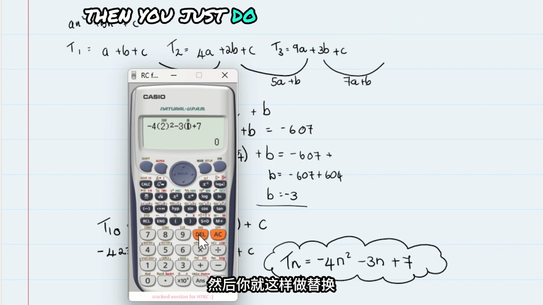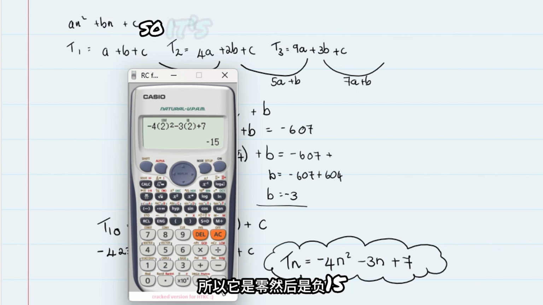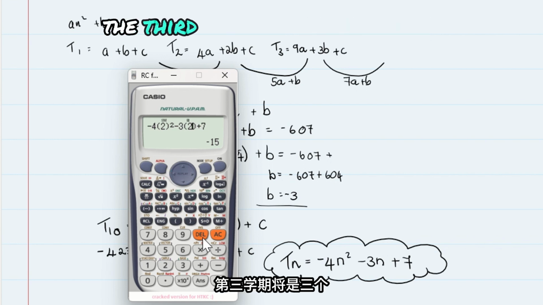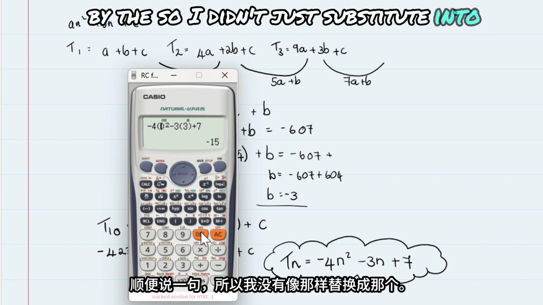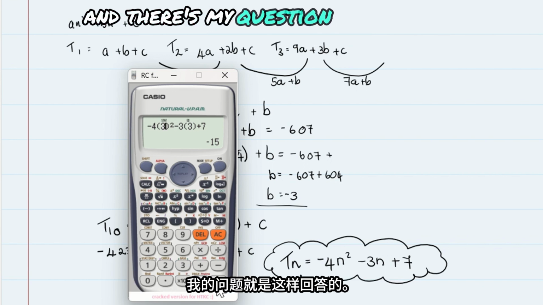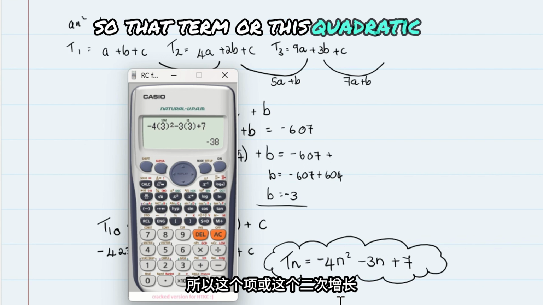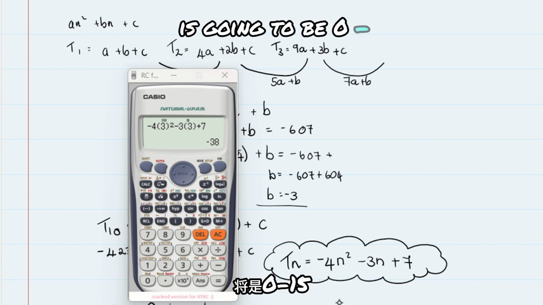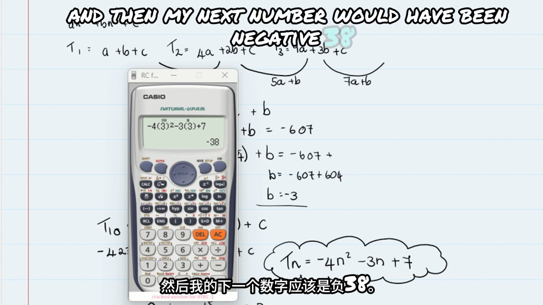Then you just do the substitution like this. You put in there 2, then you get your answer. So it's 0, then negative 15. And if I want to determine the third term, it's going to be 3 right there. So I then just substitute into that. And there's my question answered. So this quadratic row, if I was to write down the first 3 terms, is going to be 0, negative 15, and then my next number would have been negative 38.